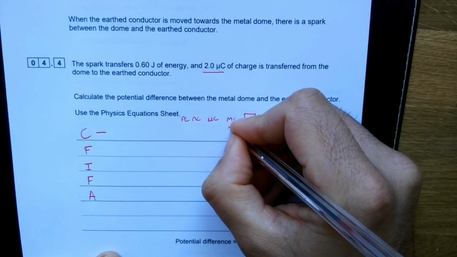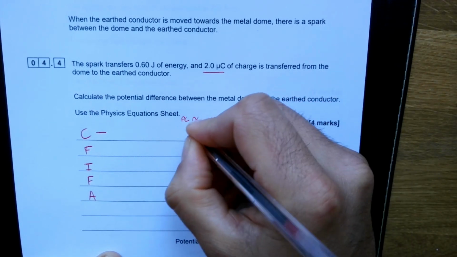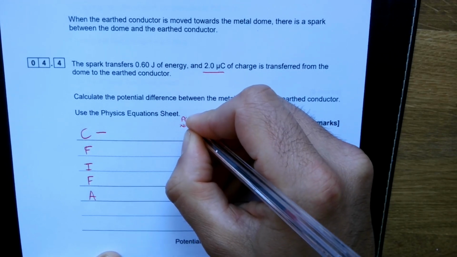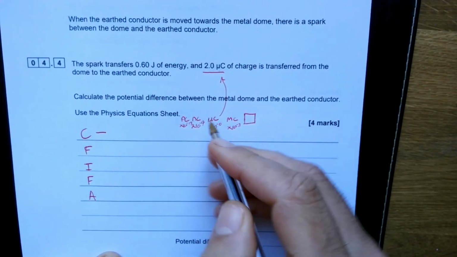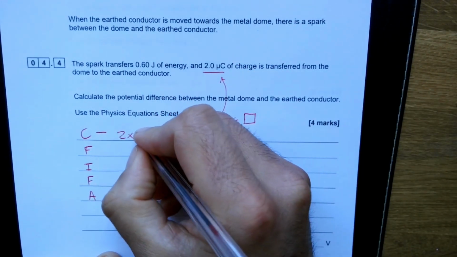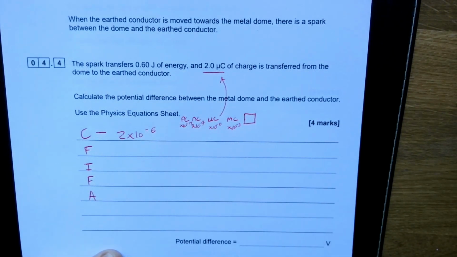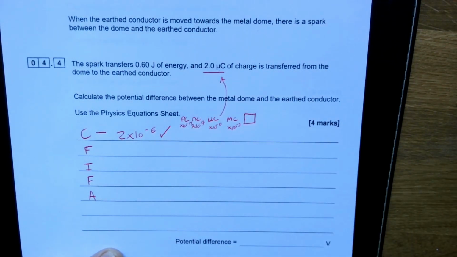And remember the pattern, 10 to the minus 3, 10 to the minus 6, 10 to the minus 9, 10 to the minus 12. Now we want microcoulombs, and it's 2, so it's 2 times 10 to the minus 6. And we just keep it like that. I wouldn't bother changing it to numbers because that's an extra step you don't need. And that will get you one of your 4 marks.